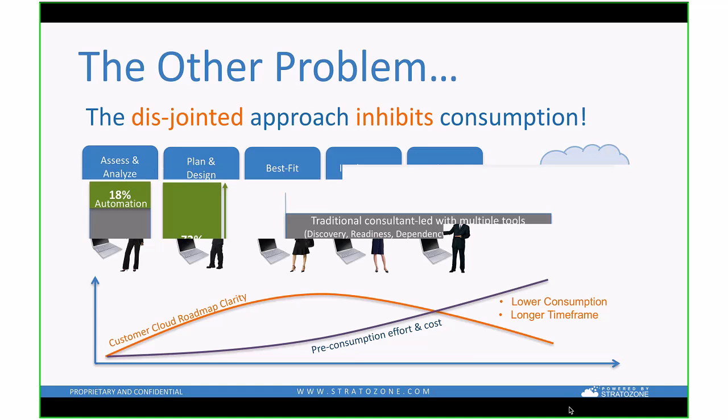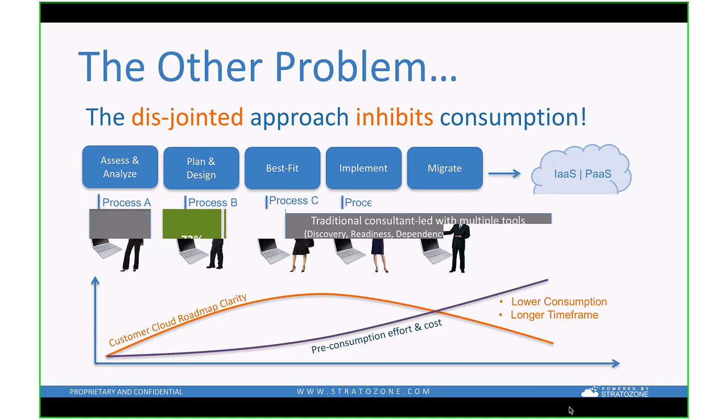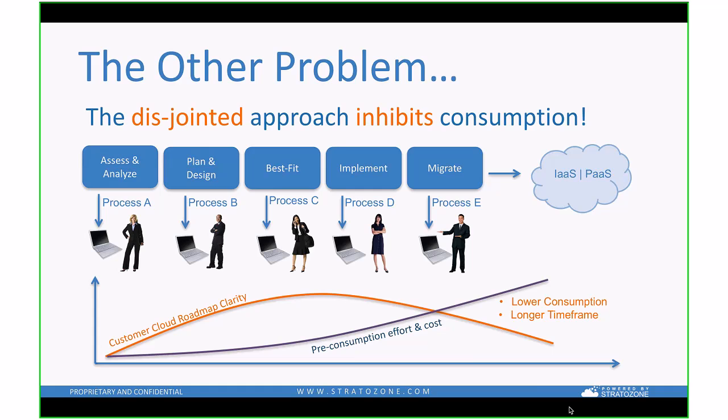The whole purpose StratoZone came together was exactly that. The fact that everything was handled as a separate project, and what happens there is that the customers don't benefit as much from cloud because you're only consuming a small portion of low-hanging fruit, and you're not getting the true ROI, right? You're straddling both sides of the fence. You're not really consuming what you should be consuming because you don't have clarity and visibility into all your assets.